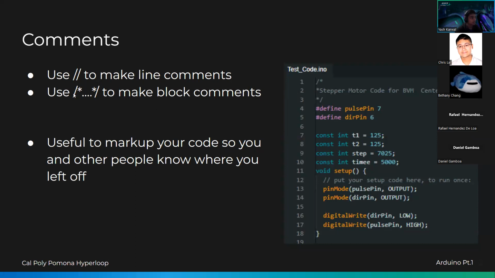You can use the slash with the asterisk and an asterisk slash at the end, right up here, to make a block comment, which is basically using multiple lines just for comments. So you can use that to put information about what your code does, when your code was first made, and other information that you need to put in your code.